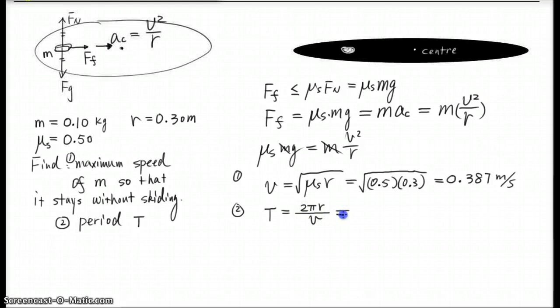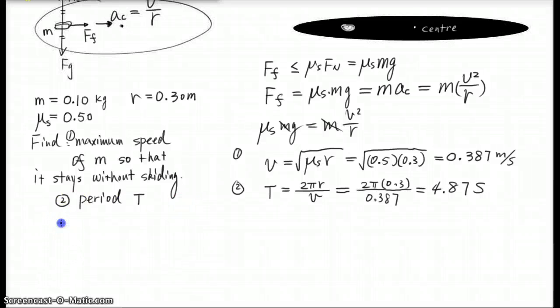That's the basic formula, distance over speed, which gives the time for one complete revolution. Let's plug in 2 pi times 0.3, and the speed is 1.21, which equals 4.87 seconds.